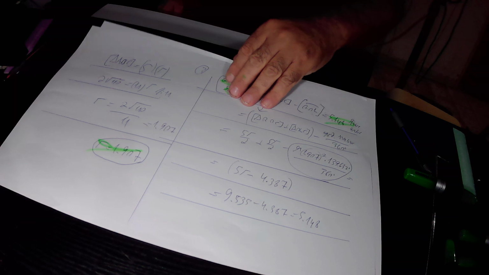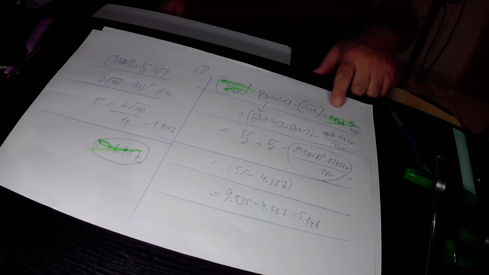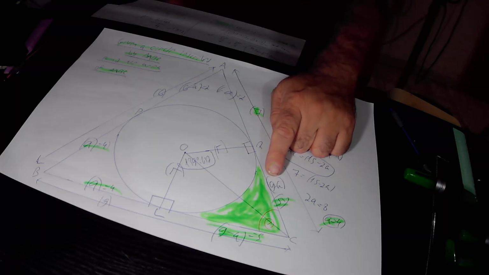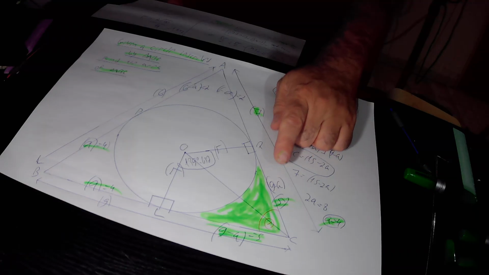So in total, we found out that the area of the green shape, that is the area we are looking for, equals 5.148 square units in size.